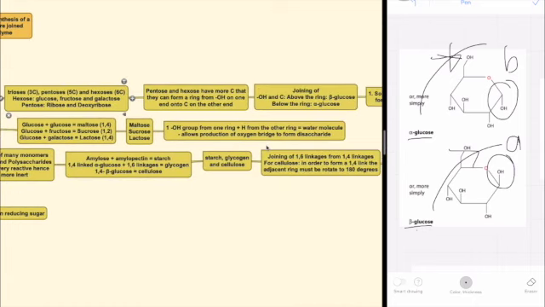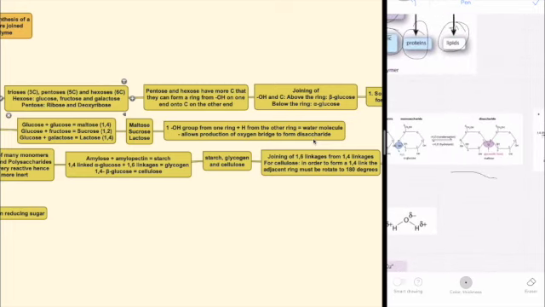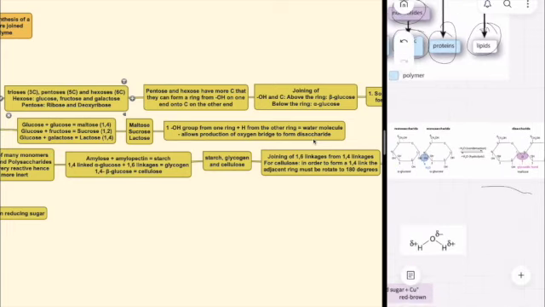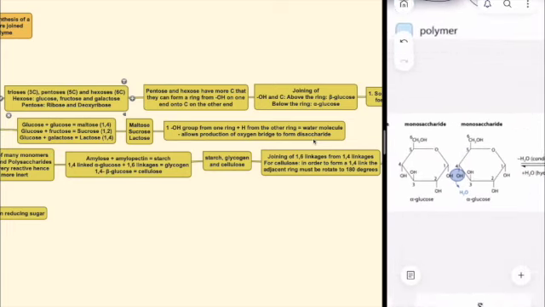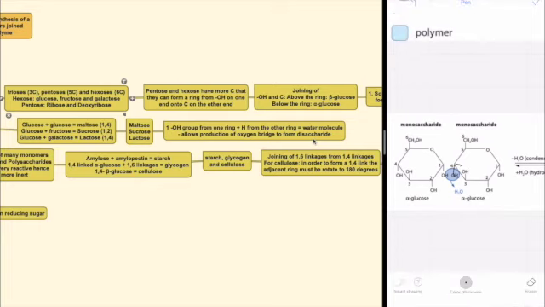Next is how they form. A hydroxyl group from one ring and a hydrogen from another ring will make up a water molecule, which allows the production of an oxygen bridge to form a disaccharide. This is an example of the formation of a disaccharide. As you can see here, OH from one end and H from another end will form water, which will then be removed.